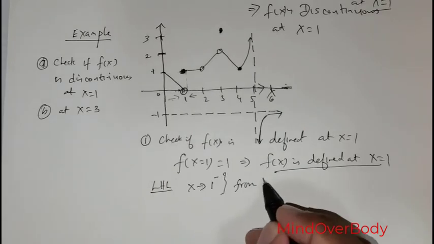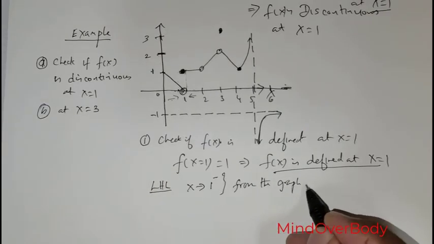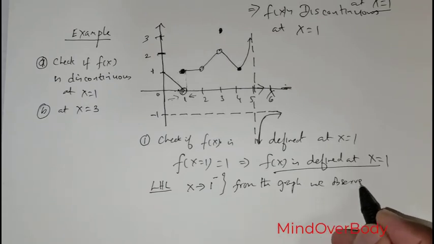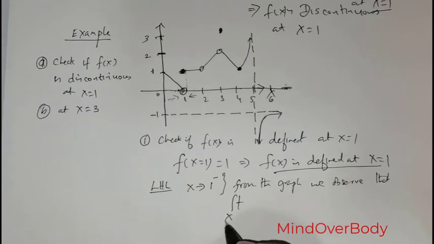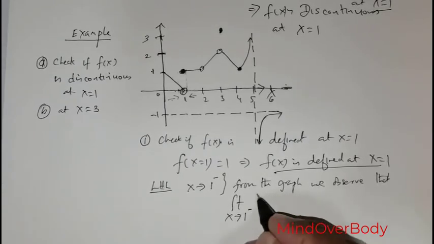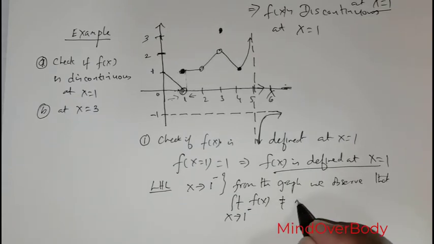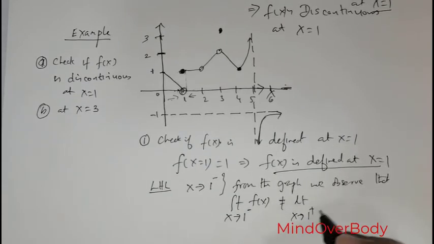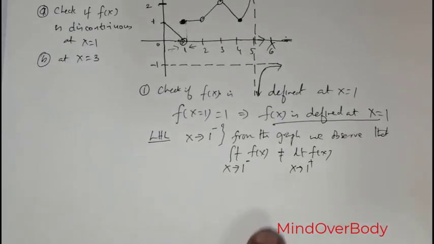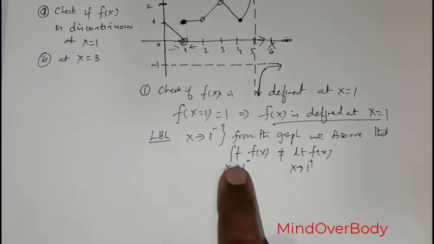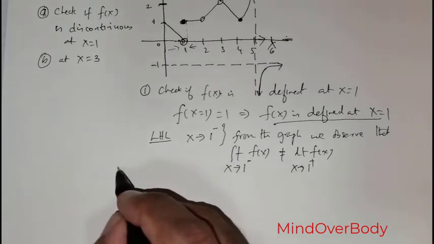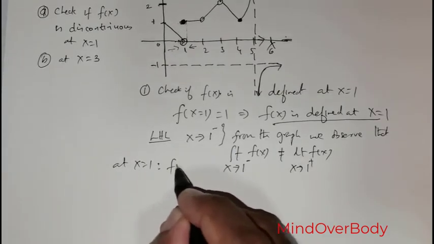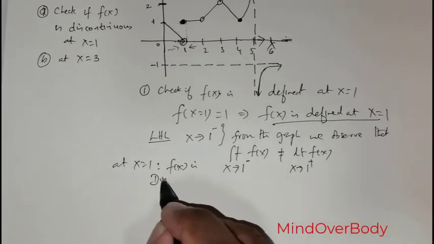From the graph we observe that limit x tending to 1 from the left side of the function is not equal to limit x tending to 1 from the right side of the function. So once the condition fails here, clearly continuity is not there. So at x is equal to 1, we can conclude that f of x is discontinuous.